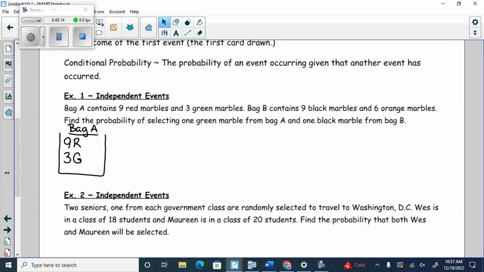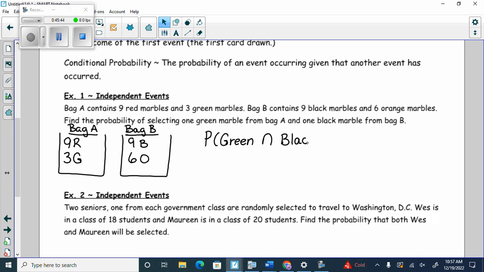Then I have bag B. Bag B contains 9 black, 6 orange. Find the probability of selecting 1 green marble from bag A and a black marble from bag B. Instead of saying and, you could say and then, picking.